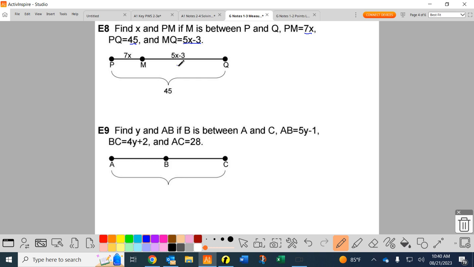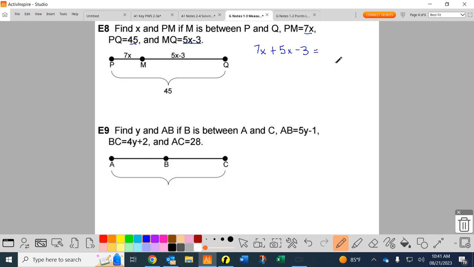Now your job is to set up the equation that would be a part plus a part equals a whole. So what part am I adding first? 5x minus 3. You could do that. I would go in order just because I'm like an algebra teacher too. So I would do the 7x first, but you're going to add both parts. So then the next part would be 5x minus 3.